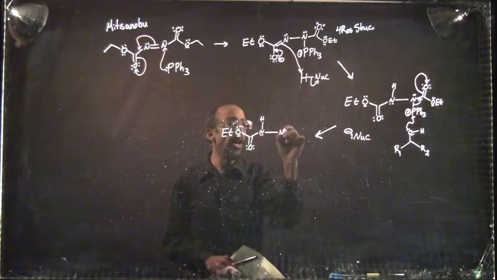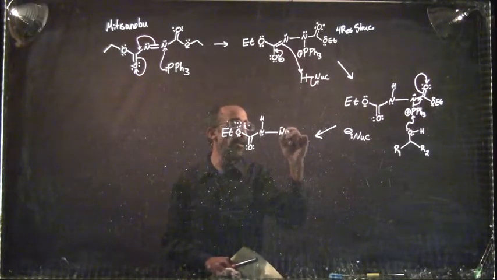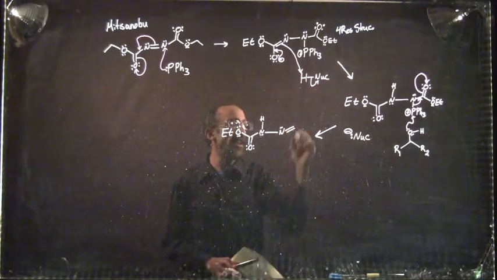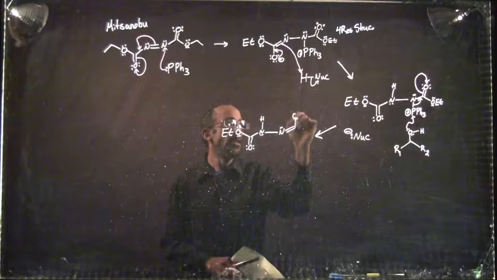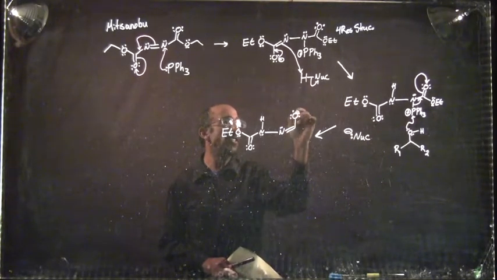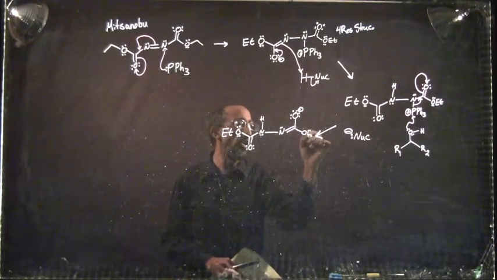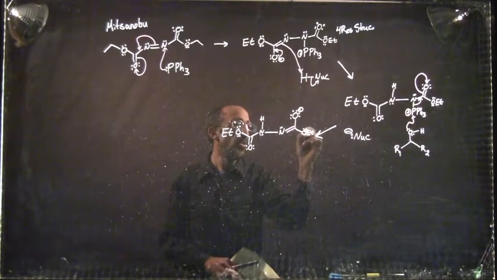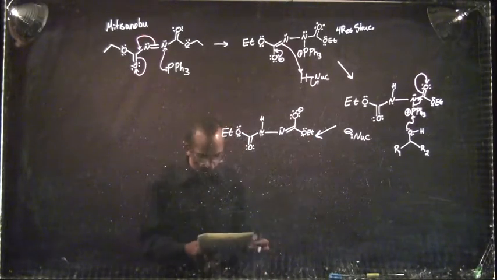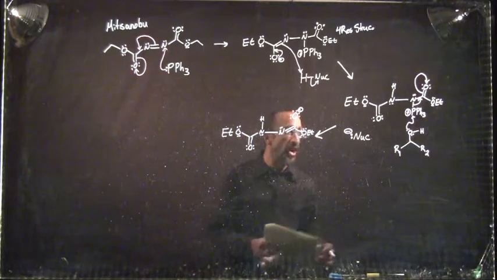Our other nitrogen still has a lone pair on it, but now it is double bonded to that carbonyl carbon. The carbonyl oxygen now has 3 lone pairs and a negative charge. And there's our OEt, which didn't really do much for us. So here now we have a negative charge.